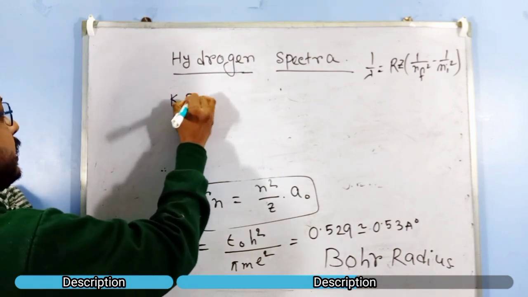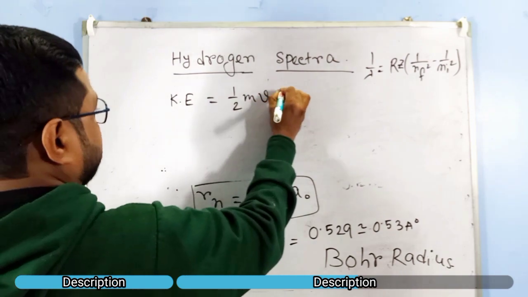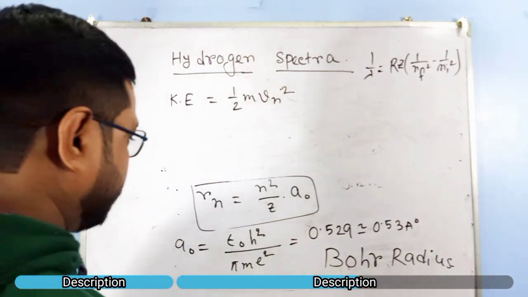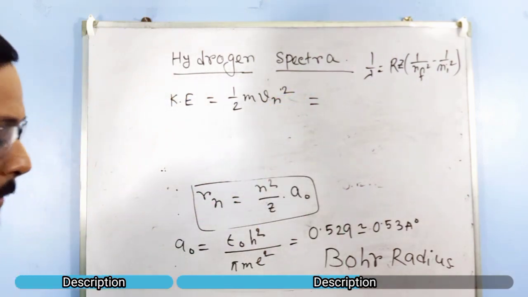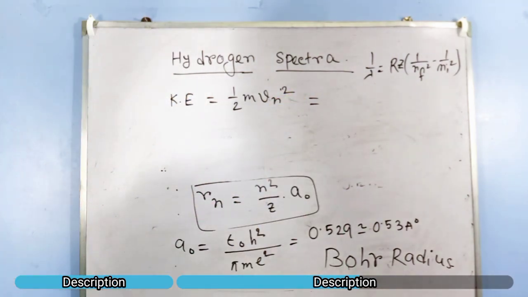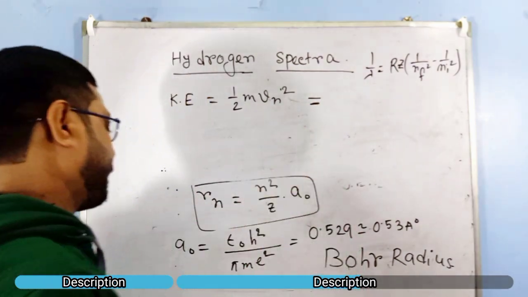Kinetic energy is half m Vn square. If we put the value of Vn, then we can get the expression of kinetic energy.